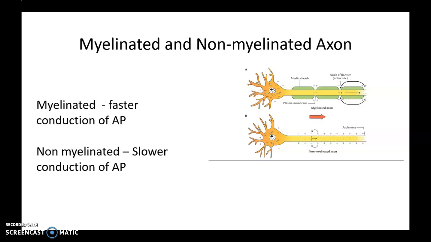And because of that, an action potential travels way faster in a myelinated axon as compared to a non-myelinated one. In a non-myelinated axon, as you see in the bottom, which does not have the green myelin sheath, conduction of action potential is much slower, and of course most of the charge dissipates to the extracellular space.